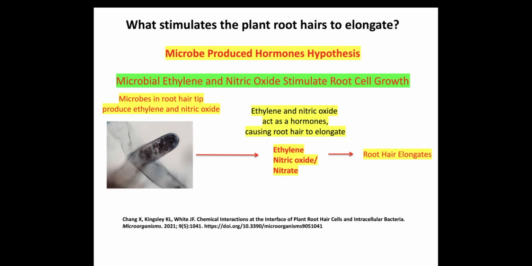But the histochemistry suggests that these growth hormones that work in plants are produced around these microbes, produced by the microbes. You can see this inside the root hair. These microbes producing their hormones cause elongation, and the hairs grow.